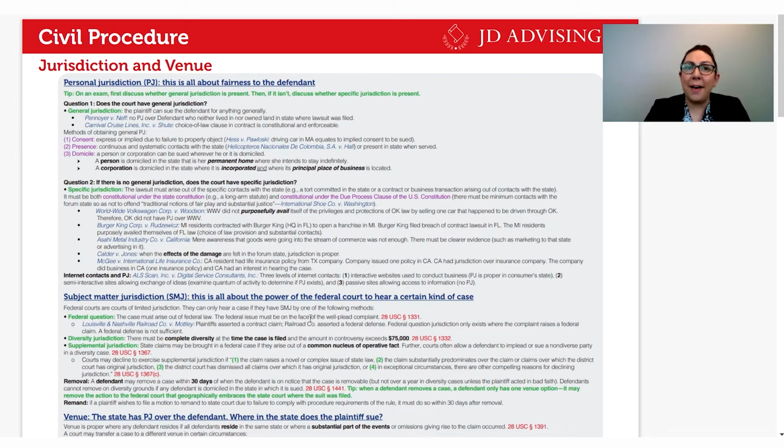The plaintiff would have to show that the complaint for that case has a federal question on the face of the complaint. This is what we call the well-pled complaint rule. The plaintiff's claim or allegation has to arise from federal law. The plaintiff can't just throw some random federal quote in the complaint and call it a federal question.